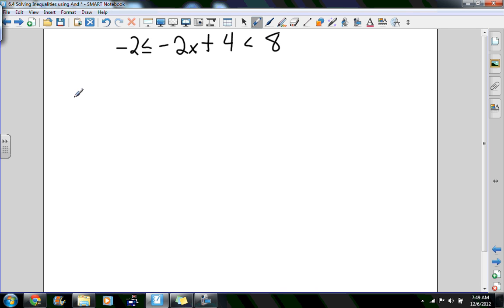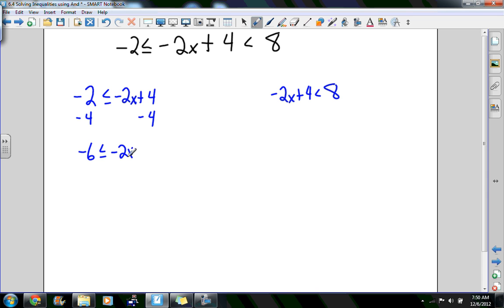Alrighty, let's see how we did. Okay, well, we're going to divide by a negative number, so we're going to have to flip the sign. So it's now greater than here.